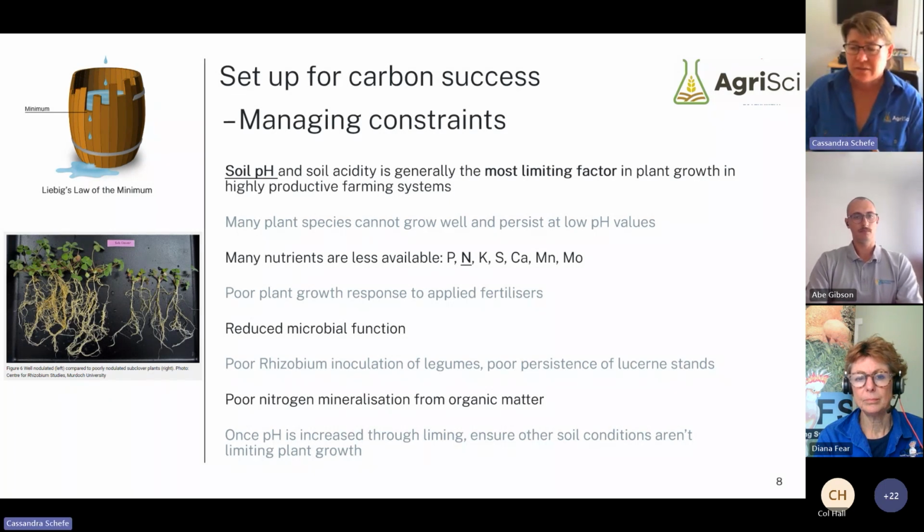But once we've done the right thing and we've addressed those constraints, for example, we've changed our subclover pastures from something that looks a bit dodgy on the right through to a really healthy plant on the left. We've done everything well. The key thing then is to ensure that there's not something else that's limiting plant growth, so that you get the real value out of the inputs and effort that you've put in.